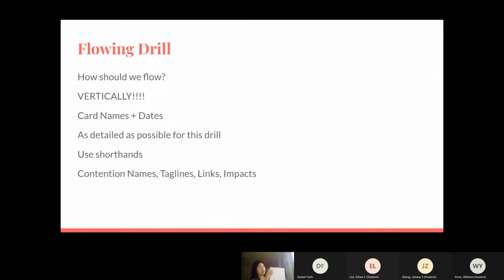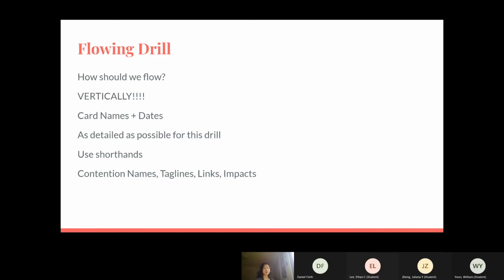You want to make it small enough so that you can fit all the other speeches in the round, right? And generally when you flow, you want to flow as small as you can, to the point where you can still see it easily, but you don't want to have it very spaced out, because they might have 3 contentions, and then you're flowing and you're all the way here at their second contention, so then you might need to start another column, right? We generally want to keep all their arguments in the same column.